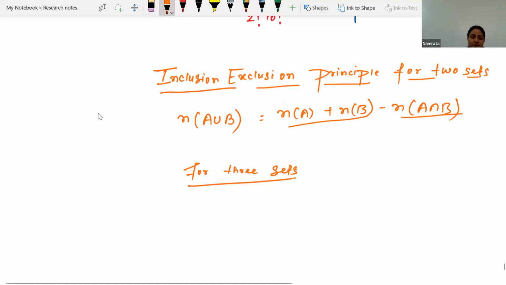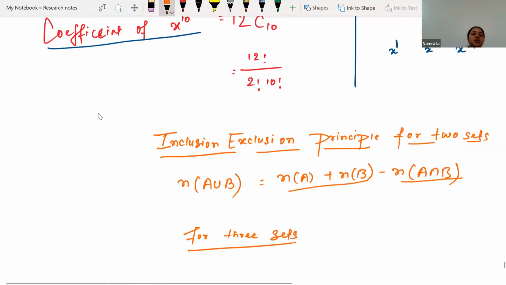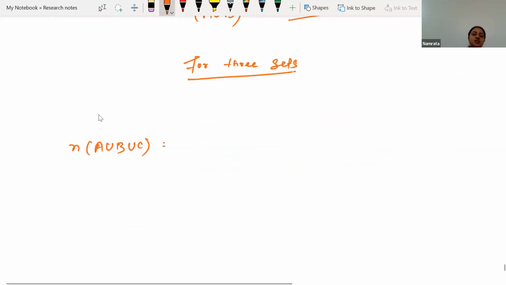Similarly, for three sets, the same formula is: for A union B union C, first we include everything, the number of elements in A, the number of elements in B, the number of elements in C. We have included everything.